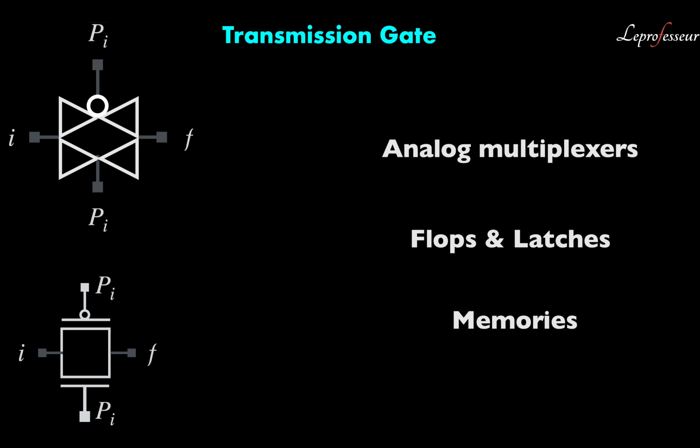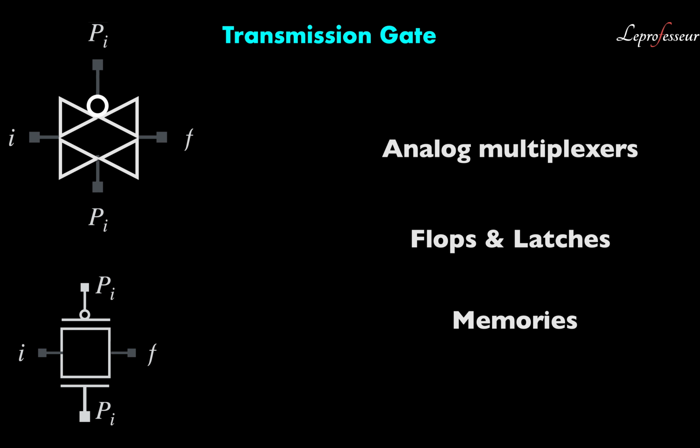So the input doesn't have to be a logic 0 or logic 1. It can have any value, and analog designers love that they can transmit any value from the input to output. I gave the example of a multiplexer, but there are many other circuits where analog designers use the transmission gate structure.